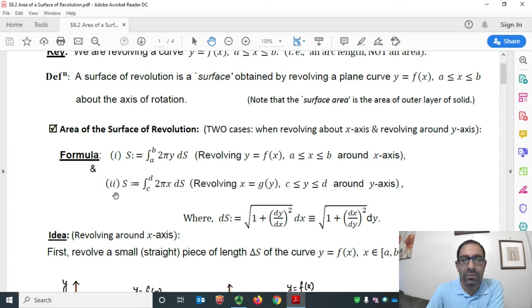And two, when you revolve the curve around the y-axis, then our surface area formula is S equals the definite integral from c to d of 2 pi x ds, where ds is the square root of 1 plus (dy/dx) squared times dx, or ds equals the square root of 1 plus (dx/dy) squared times dy. And this expression we derived in our preceding sections. Great.